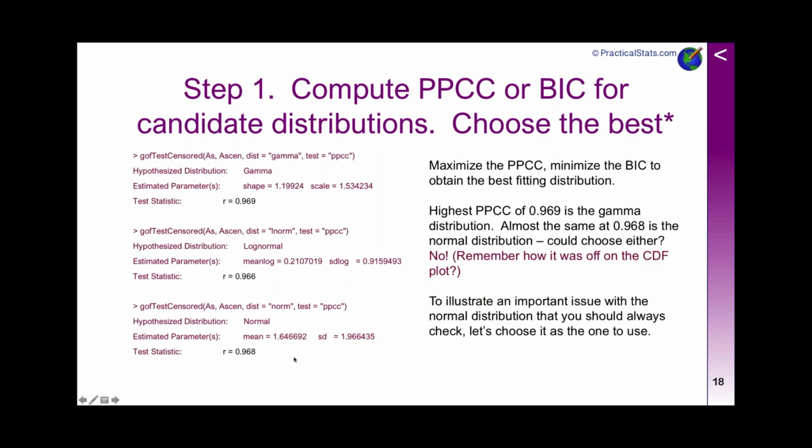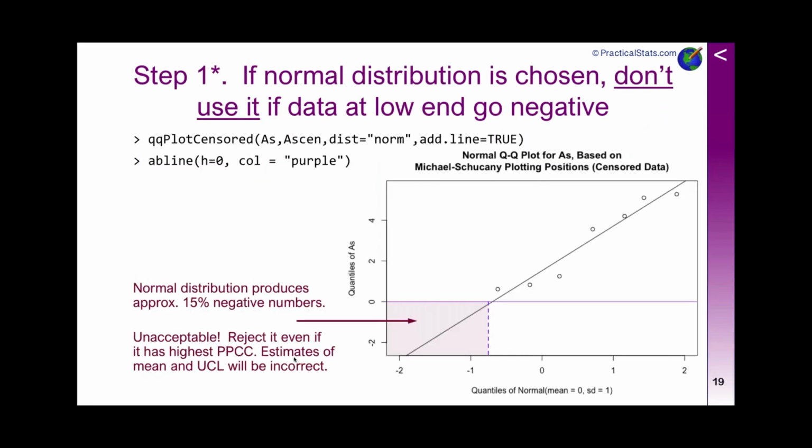Let's suppose we decided that I'd really like to stick to a normal distribution because I've used that for years, and 0.968 looks just as high as 0.969. What you should do is go in and look at the proportion with some type of plot. Here we're back to the QQ plot. This has the linear scale of normal quantiles instead of percentiles down here. This has the arsenic concentrations on the y-axis.